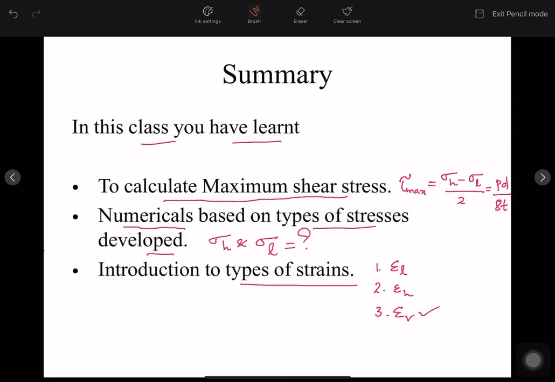Another most important thing is, while solving the numerical, focus on the units which are mentioned and how you substitute those units in your solution.